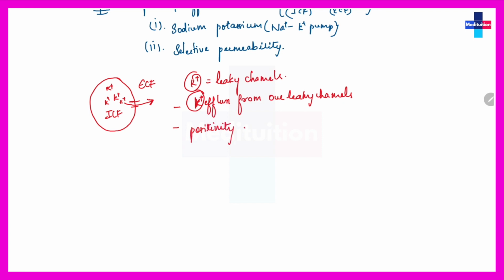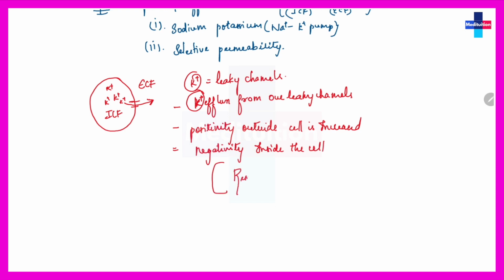So the positivity outside the cell is increased, and the negativity inside the cell is increased. This negativity inside the cell makes our potential what is called the resting membrane potential. Simple, okay? Resting membrane potential.